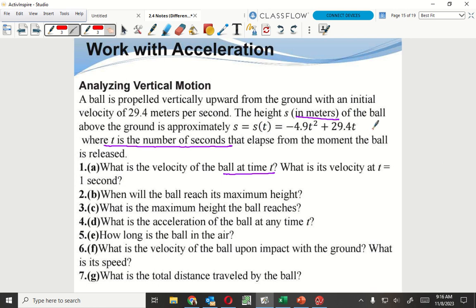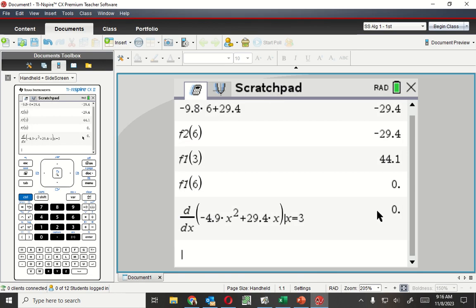So distance traveled. Now if I plug in 6, what did I end up getting when I plugged in 6? I ended up getting 0, right? So the distance is how far I'm going.